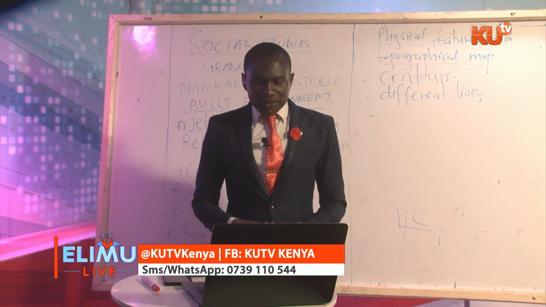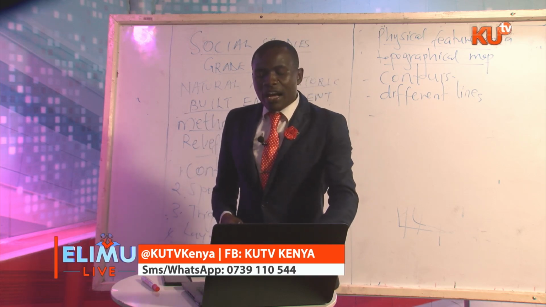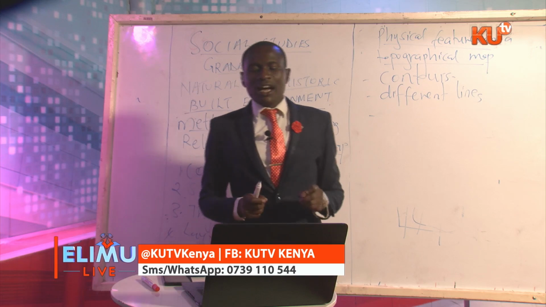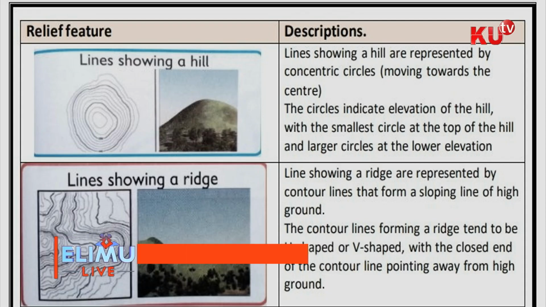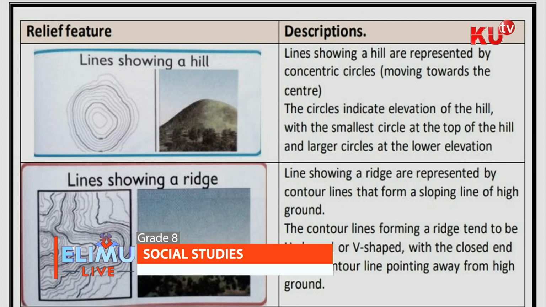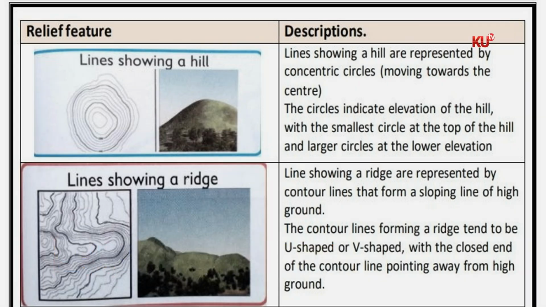If you look at our screen, we have a feature and descriptions. The first one is lines showing a hill. We said lines showing a hill are represented by circles, either moving towards the center or upwards.